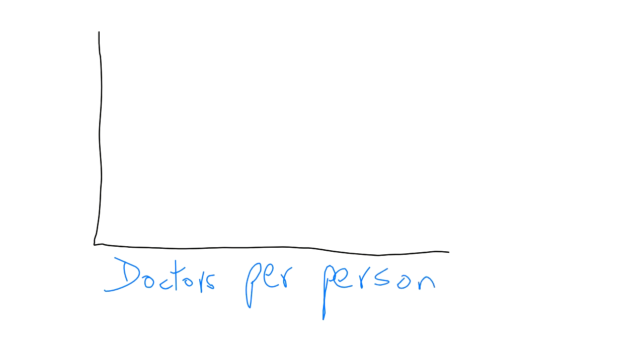This is my X and Y axes. The X axis is doctors per person, and the Y axis is life expectancy. So let me give you some background first.